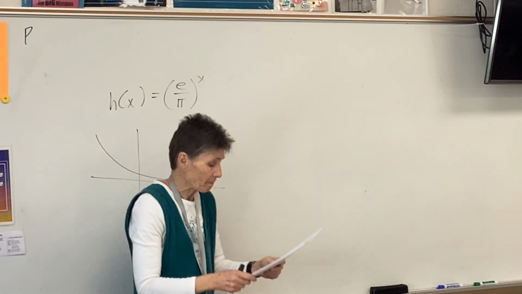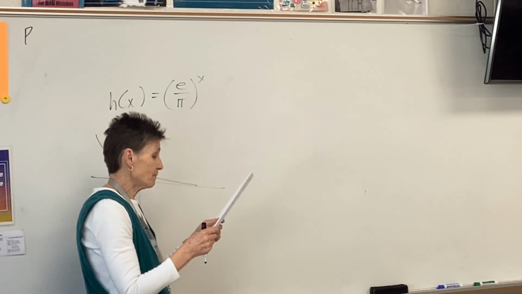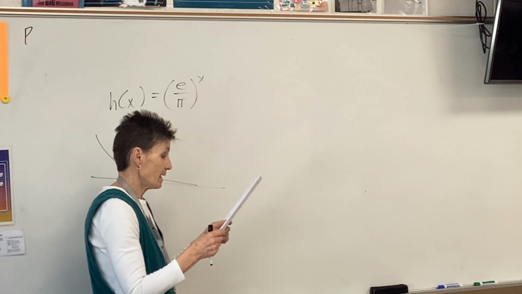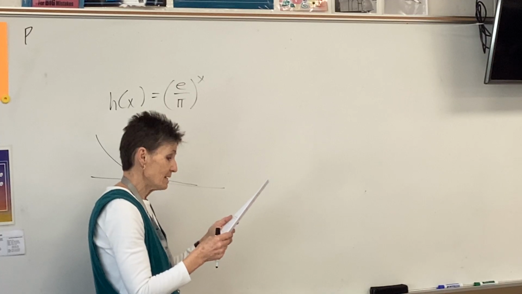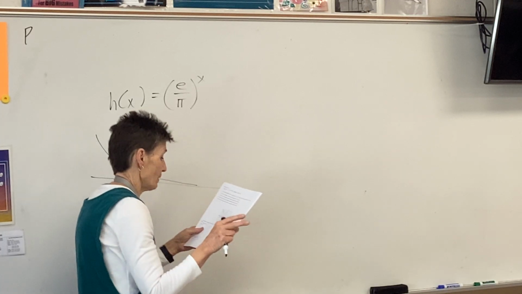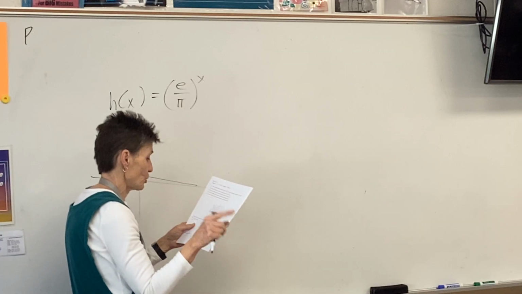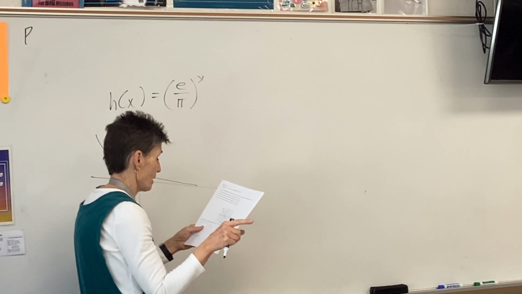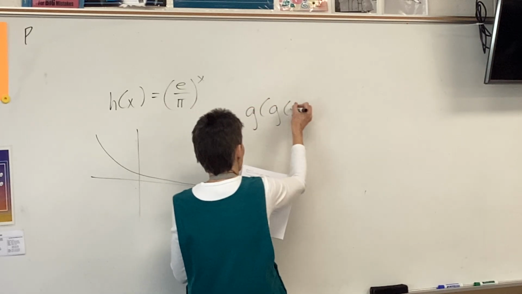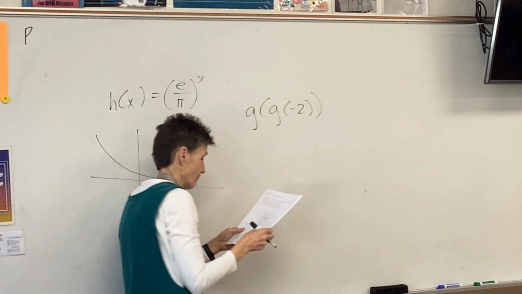Good job. All right, the graph of the piecewise function is shown. Let f be the inverse of g. Okay, so g is shown. Question number 2 says, what's g of -2?